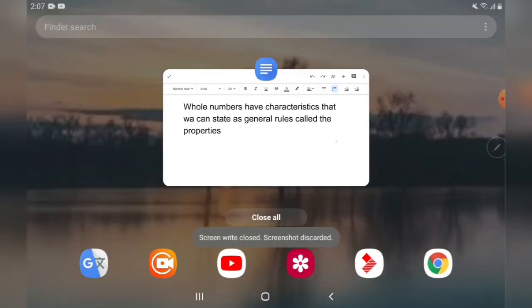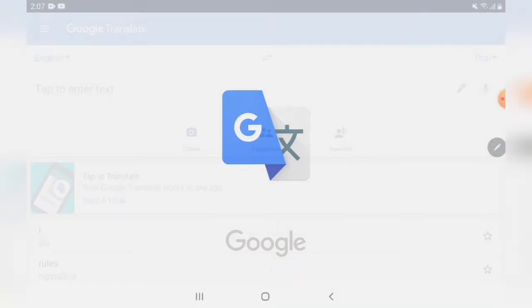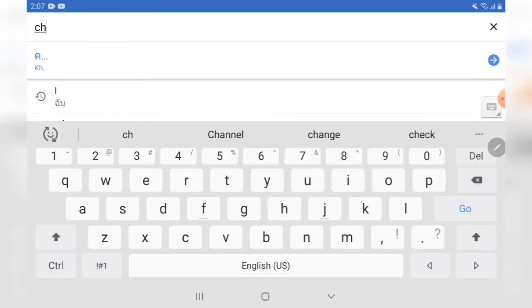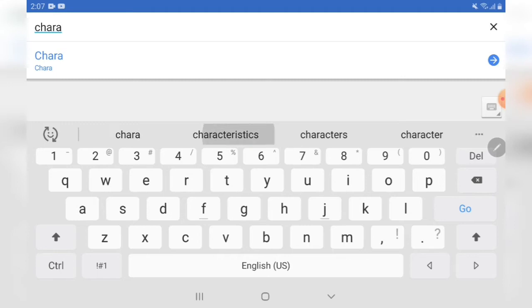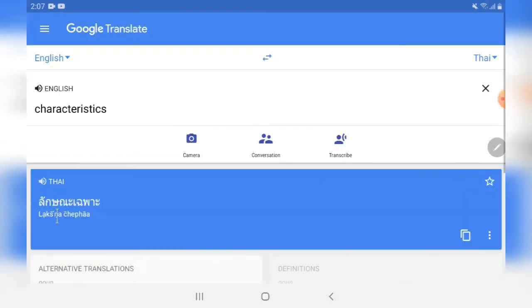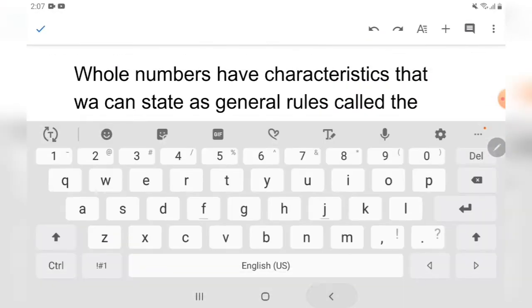What do you mean by characteristic? Let's check the Google Translate. Okay. Characteristic. Okay. What is it, Google? ลักษณะเฉพาะ. Okay, so that's it. I can pronounce it correctly, so that's it.